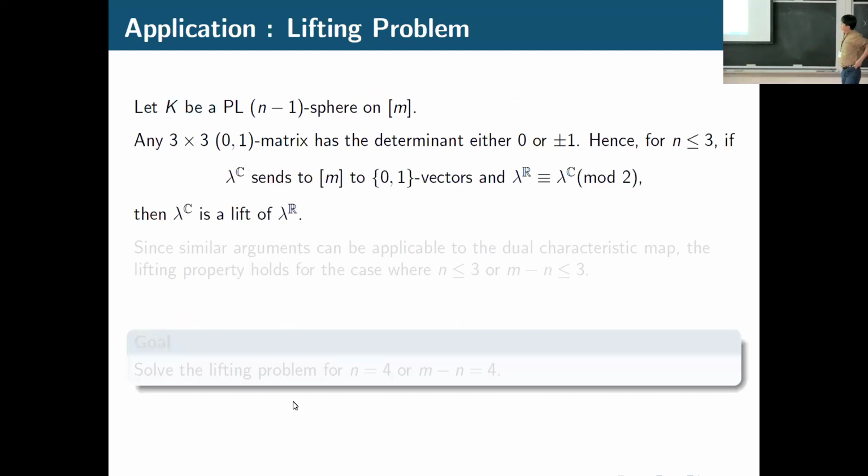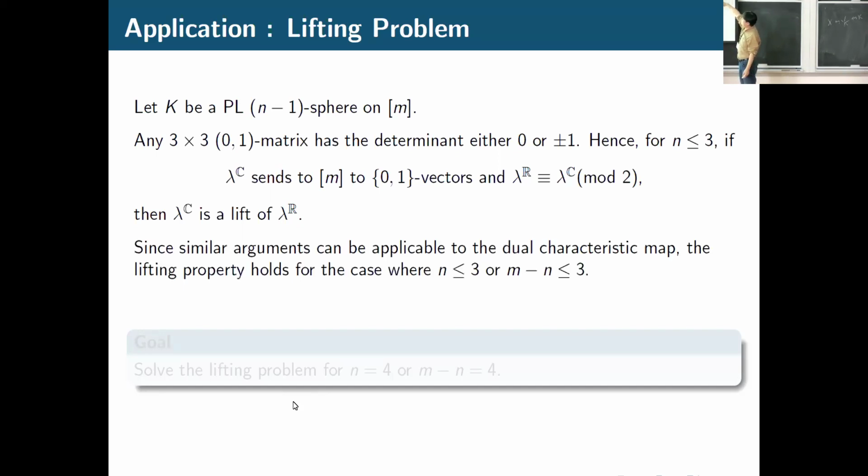But in the Lipton problem case, we know that any 3x3 0-1 matrix has determinant either 0 or plus minus 1. So the Lipton problem is automatically true for dimension n less than or equal to 3. And we can use a similar argument for the dual characteristic map.